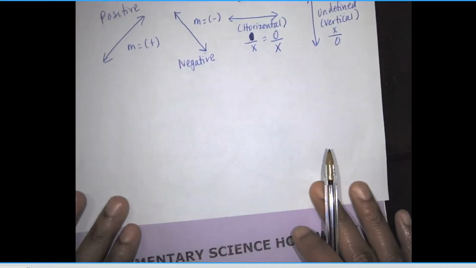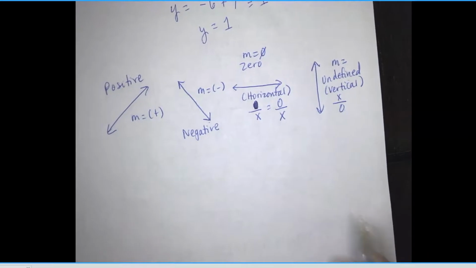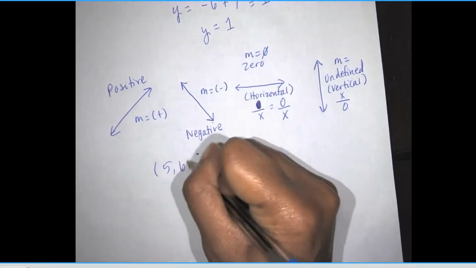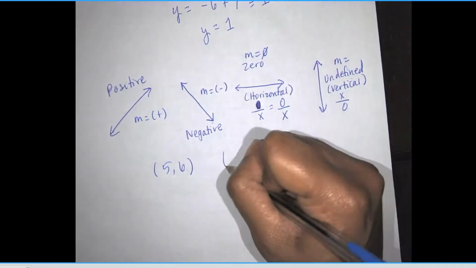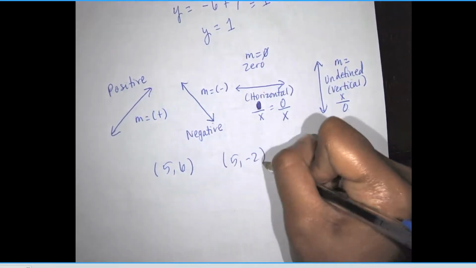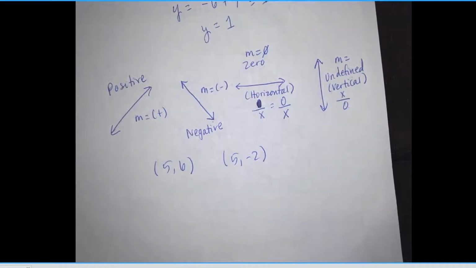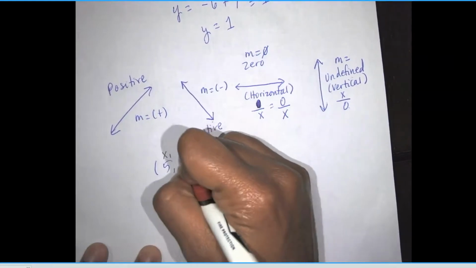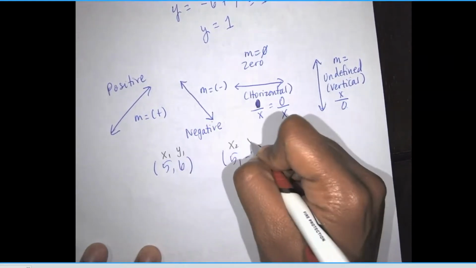Let's just say for a moment they give us 2 points: 5 comma 6, and the other one is 5 comma negative 2. As you're labeling this, you have your x1, y1, x2, y2.